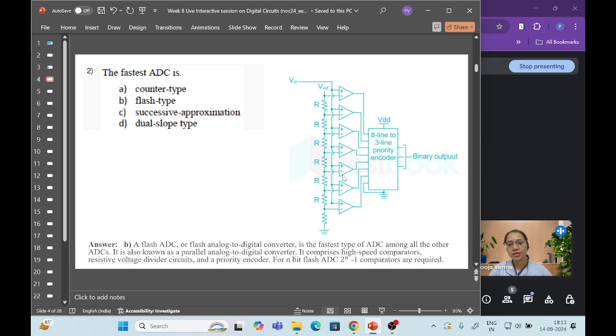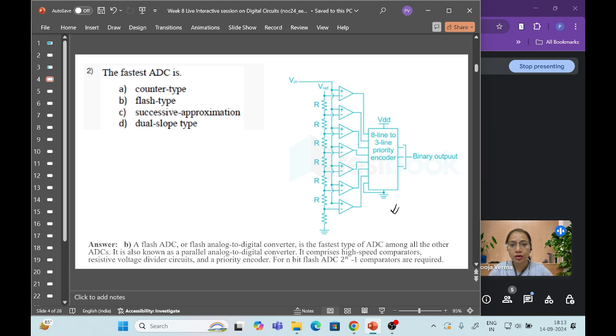This is the basic structure of a flash type ADC. Flash type ADCs are the fastest because they can convert analog signals to digital signals in a single step.